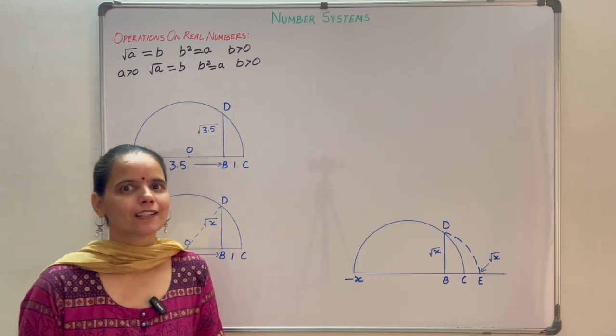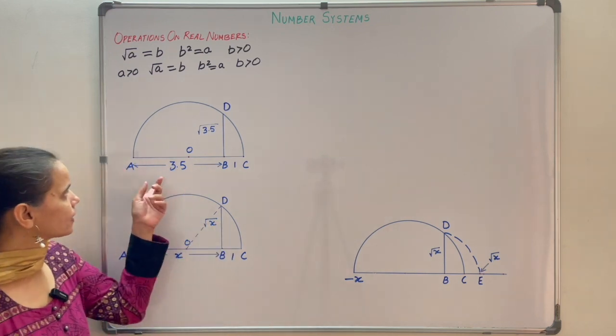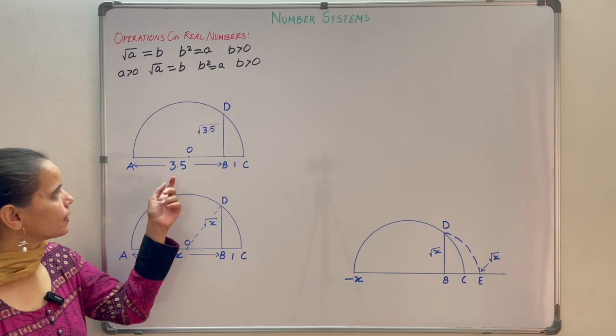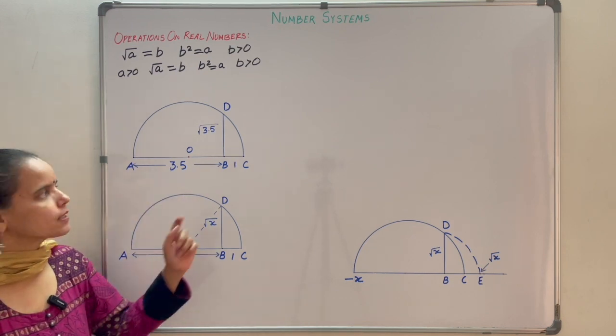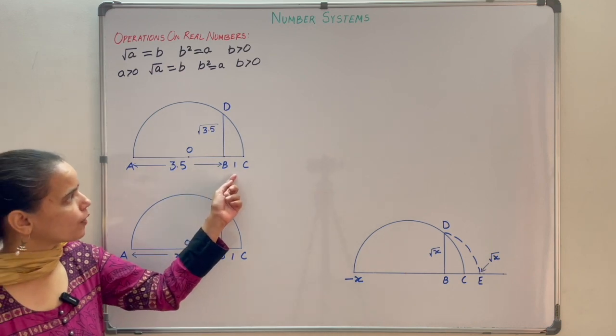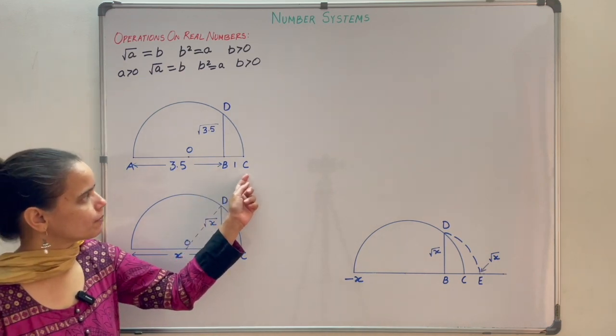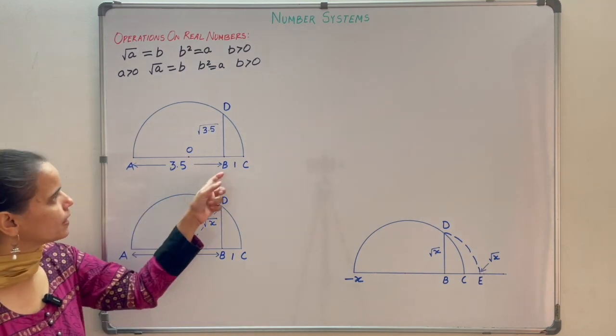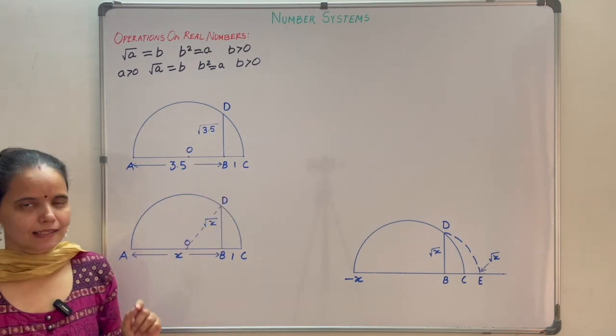To do that, on a given line, at the end point, we will mark this point A. On the same line, at a distance of 3.5 units, we will mark this point B. And at a distance of 1 unit from B, we will mark this point C. So here, all these 3 points A, B and C lie on the same line.